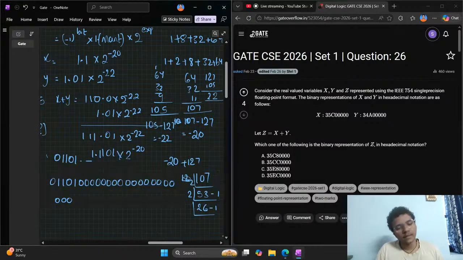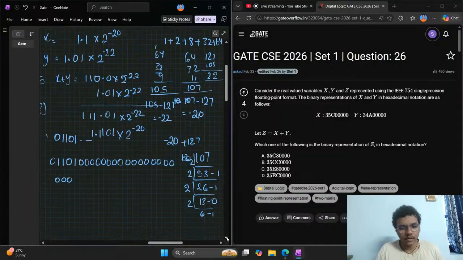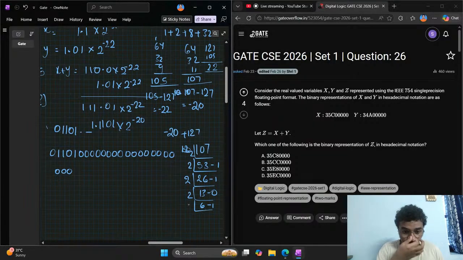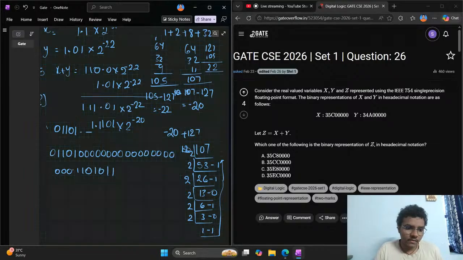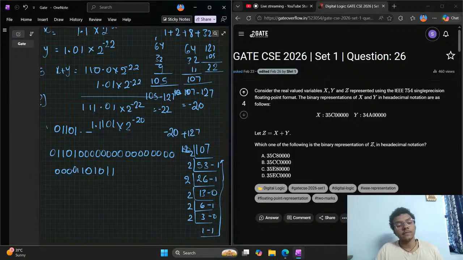And 13, that is 0, and 2, 6 are 12, that is going to be 1, and 2, that is 3, that is 0, and 2, that is 1 and 1. So if you take that from the bottom up, you will get 1, 1, 0, 1, 0, 1, 1, but there are only 7 bits, so you will have a 0 over here.